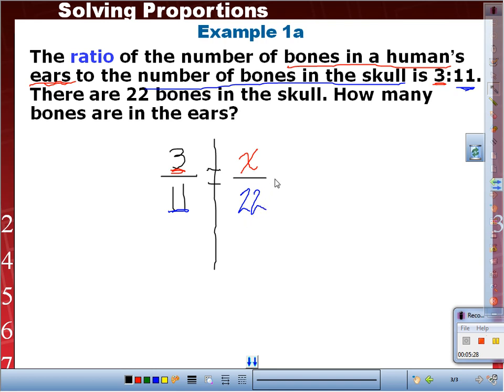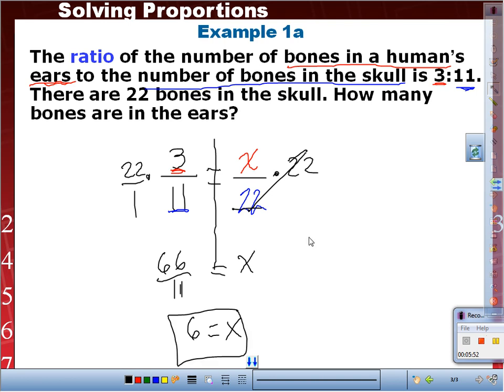Dividing. What is the inverse? Multiply times 22, multiply times 22. So therefore, here's a giant 1. We're left with X equals 66 over 11. And what is 66 over 11? 6. X equals 6.